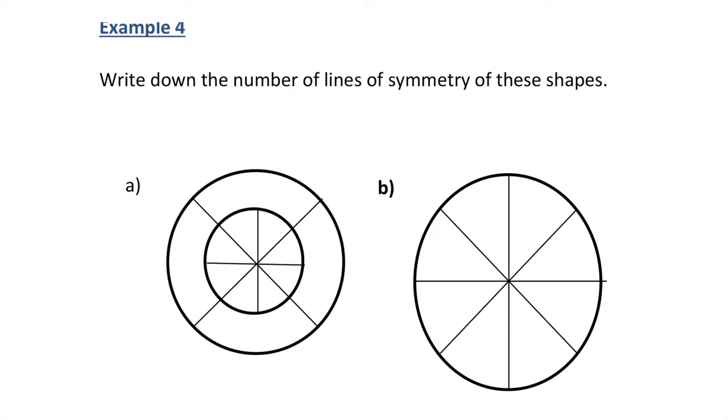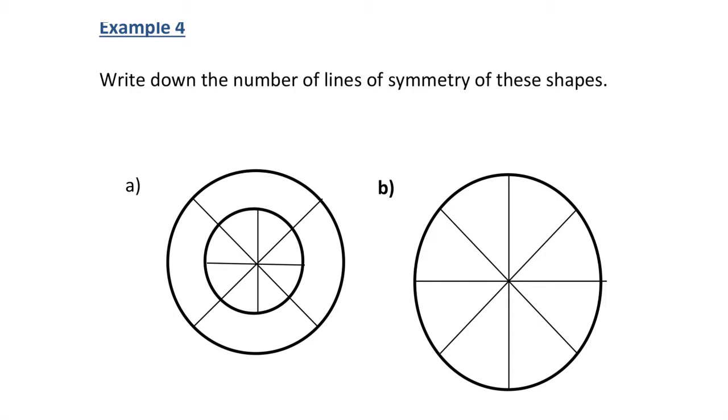And each of those drawn lines is a line of symmetry. Look at the solution. When you extend each of those lines, you'll find that it splits the circles into two equal parts.